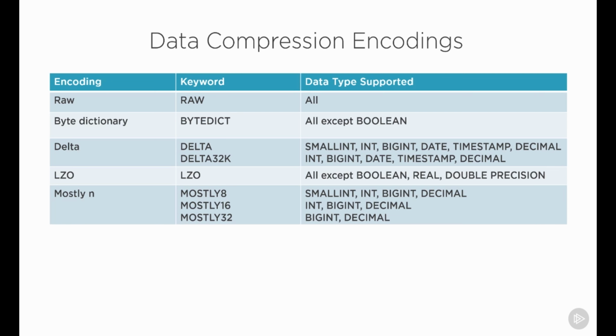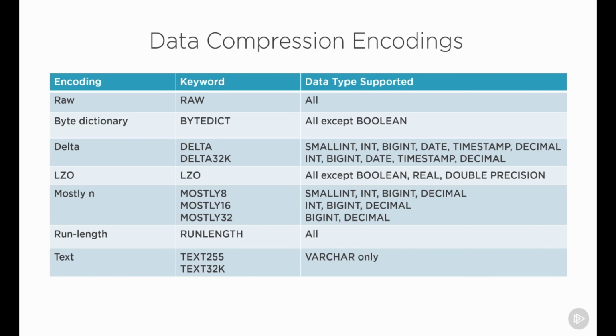The N in mostly N can be 8, 16, or 32 bytes, with the resulting compression being 1, 2, and 4 bytes respectively. This compression is really good for ints and decimals. Run length encoding is a traditional encoding style that replaces reoccurring values with a token, kind of like the old zip style.